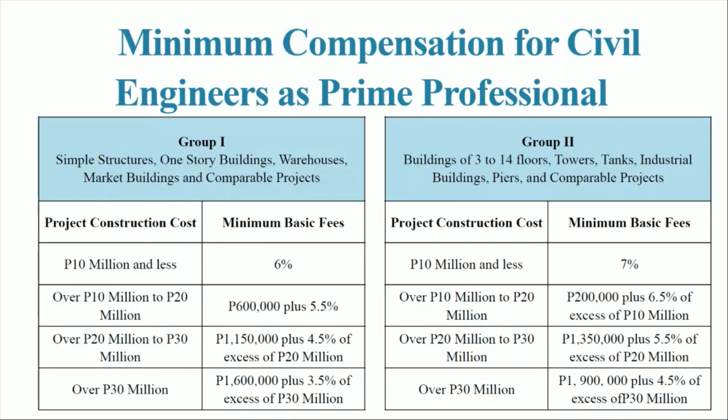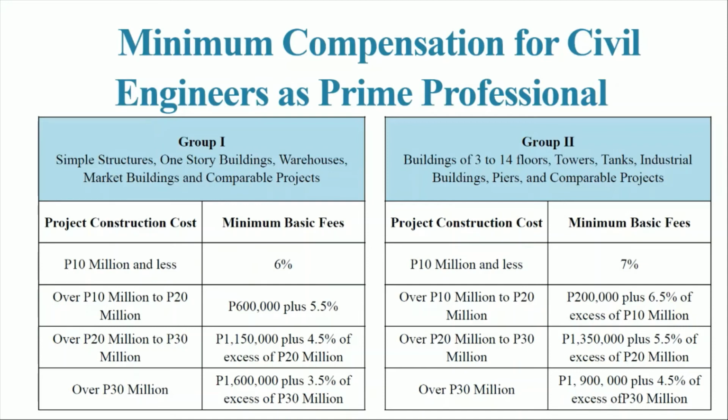So here we have the minimum compensation for civil engineers as prime professionals. Prime professionals means they could be structural engineers or professionals that are very much experts already in their field and have a lot of experience in construction designing.